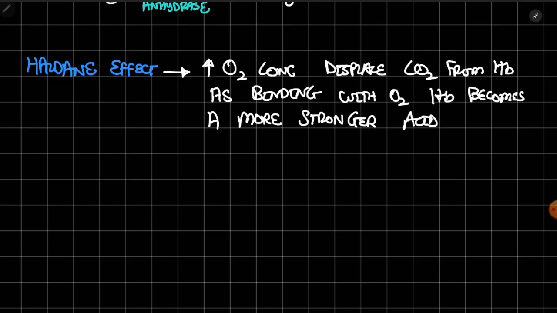If there is an increase in O2 concentration relative to CO2, Hb can bind to O2, and this leads to the formation of a stronger acid rather than binding to CO2. Binding to O2 is favorable as a much stronger acid is produced. So CO2 is released. I have told you a story.